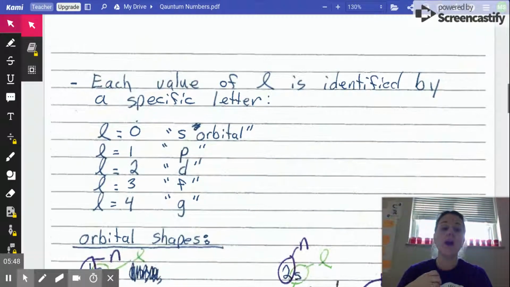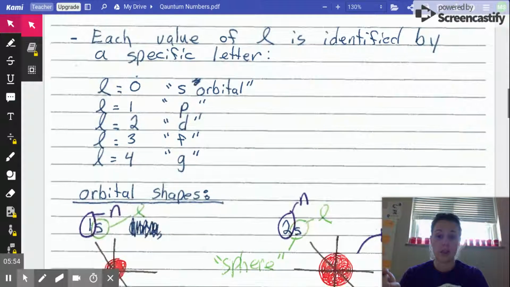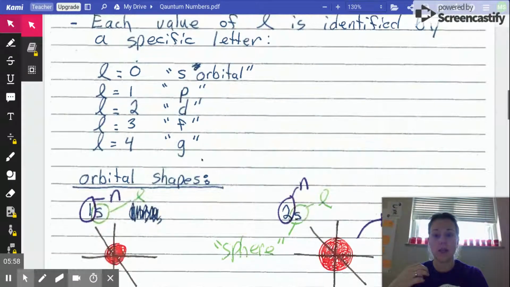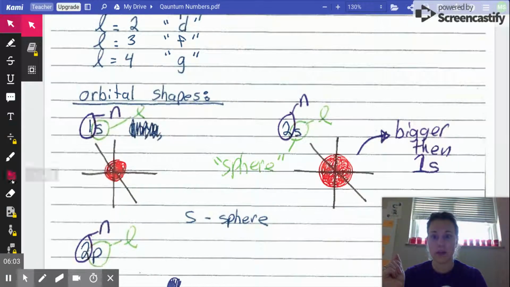So when you have n equals 1 and L can equal 0, you have orbital s. And the orbital shape for s right here looks like this, a sphere. So here's the sphere for 1s. 1 means we're the first distance away from the nucleus. S is our L-shaped orbital, and the s orbital is a sphere.